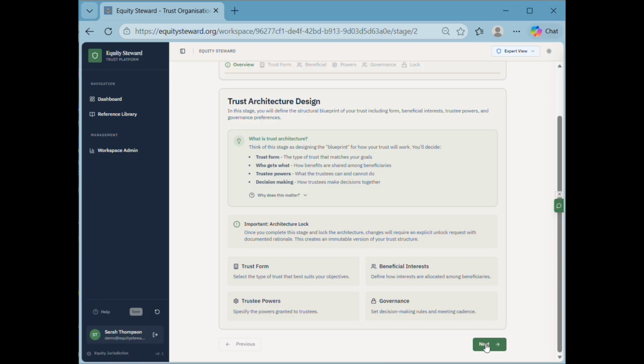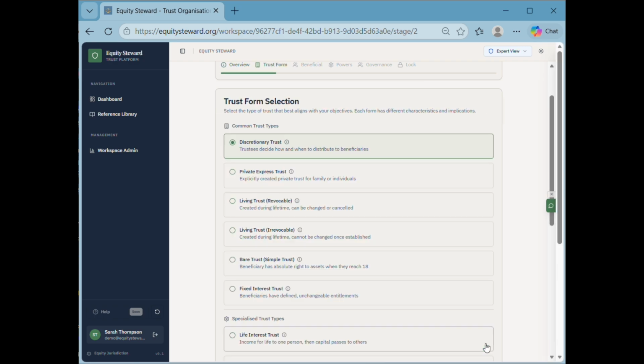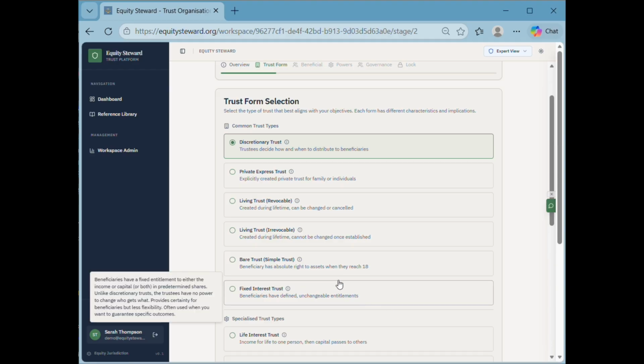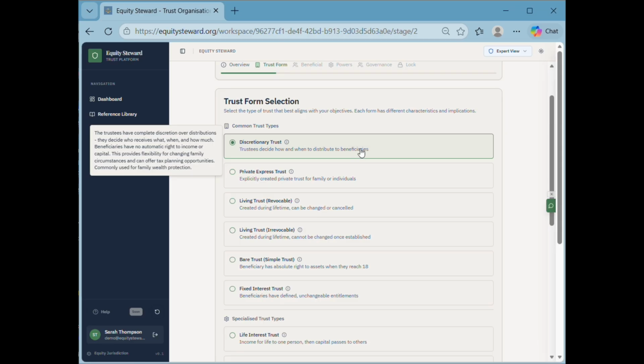Purpose of Stage 2. The purpose of this stage is to define the trust's working architecture in an organized and reviewable way. That includes the form of the trust, the way beneficial interests are expressed, the powers held by trustees, and the governance rules that determine how decisions are made.